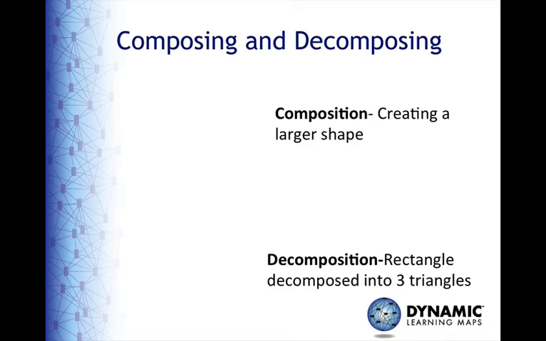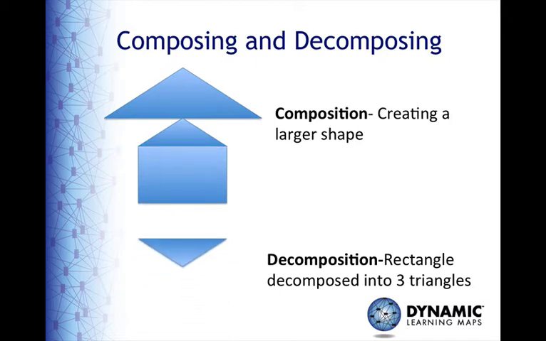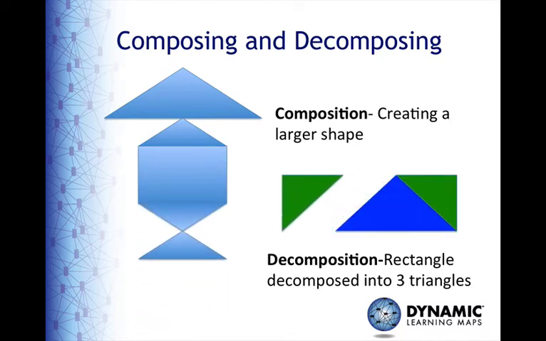In the same way that students learn about composing and decomposing numbers through exploration and guided practice, students need opportunities to explore how shapes fit together to form larger shapes, and how shapes can be taken apart to form other shapes, to learn about composing and decomposing shapes.